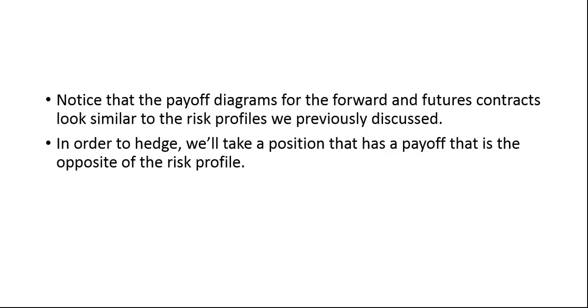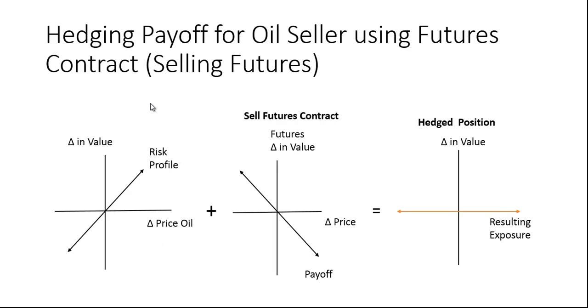So you notice that the payoff diagrams for the forward and futures contracts look similar to the risk profiles we previously discussed. So in order to hedge, we'll take a position that has a payoff that is the opposite of the risk profile. Right, so right here we have the position for someone who's an oil seller. We saw that risk profile.